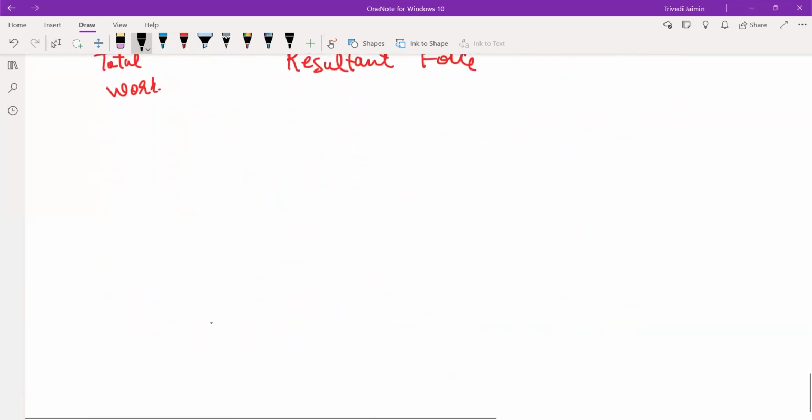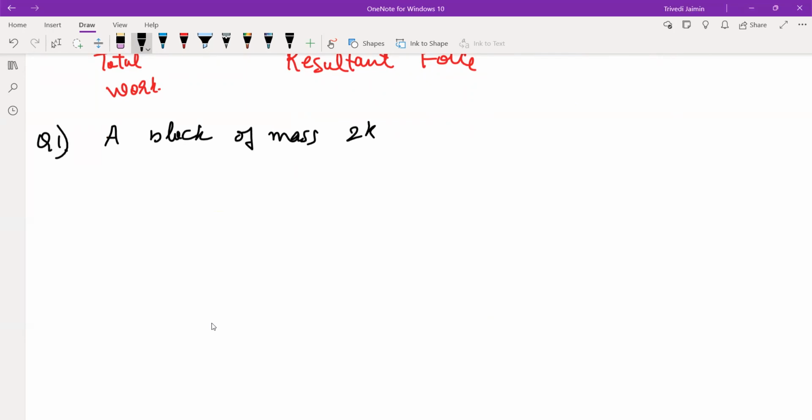Okay, let's take one question. First, let's start with the easiest one. A block of mass 2 kg is pushed 2 meter along a frictionless horizontal table by a force of 15 Newton.